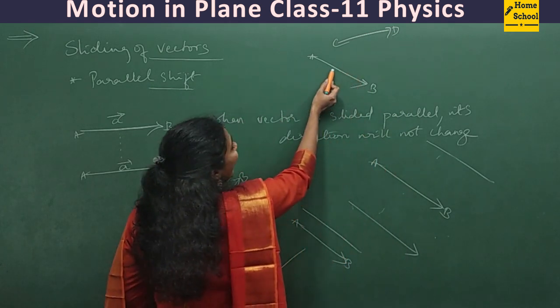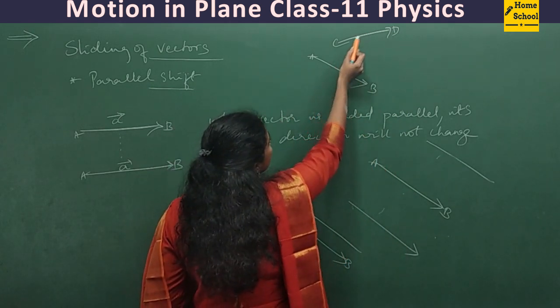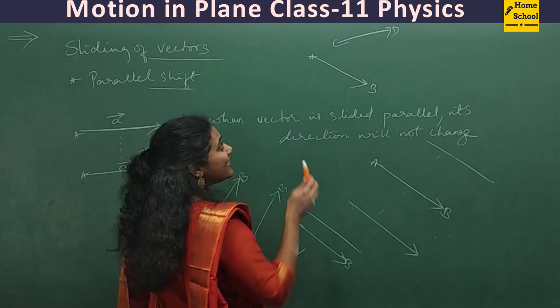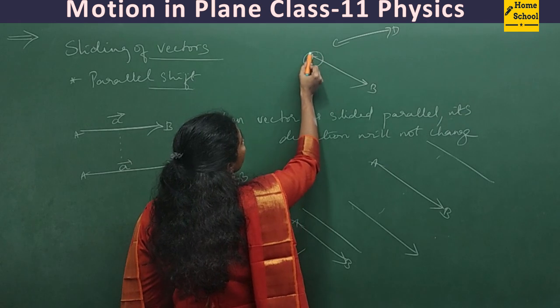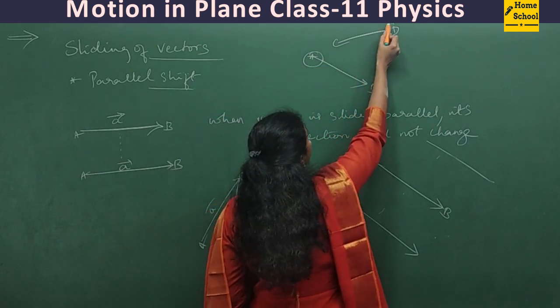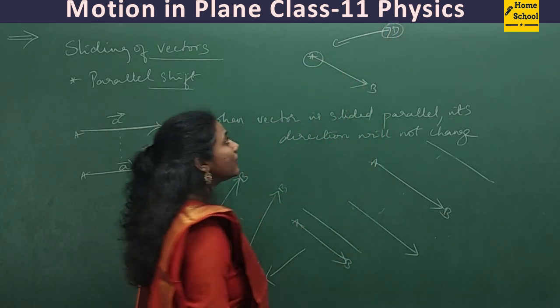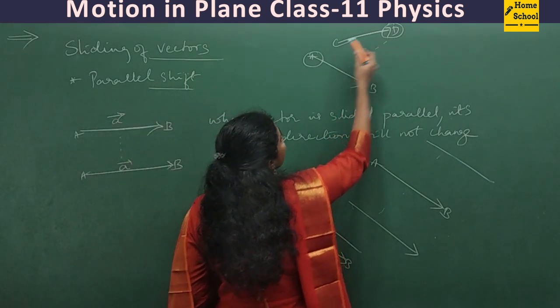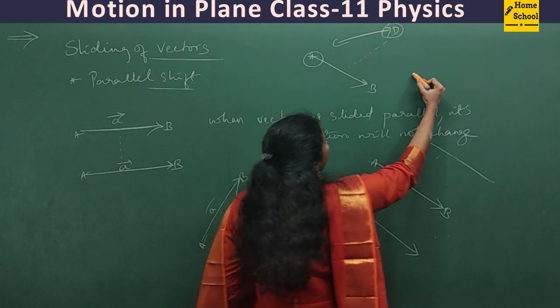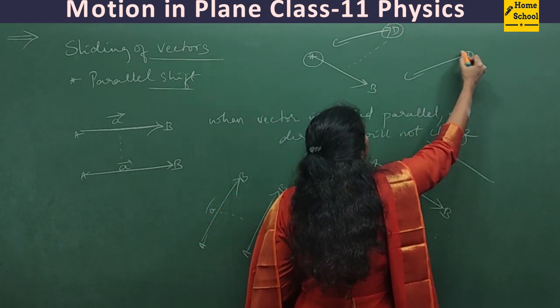If I have to add AB vector with CD vector, the tail of this vector must be in contact with the head of another vector. So I will shift this vector parallelly. This is our CD vector.